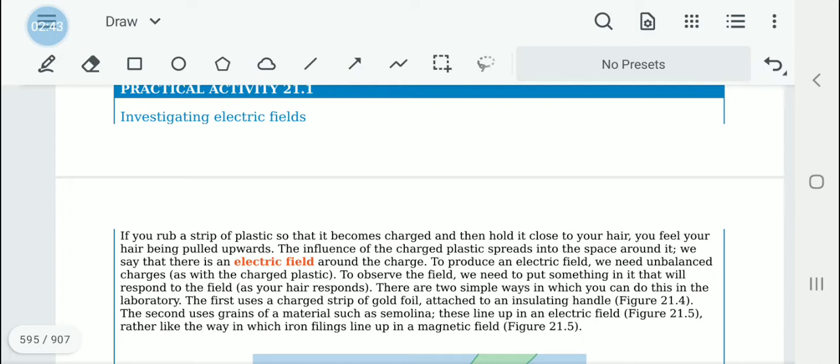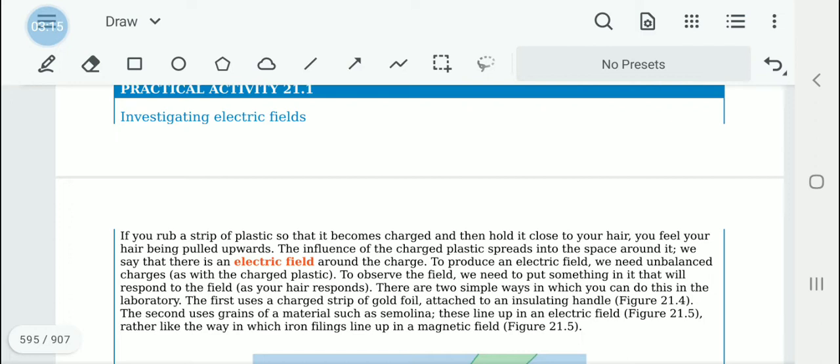Placing a charged strip of gold foil attached to an insulating handle in between two charged plates. The foil will bend towards the opposing charge.